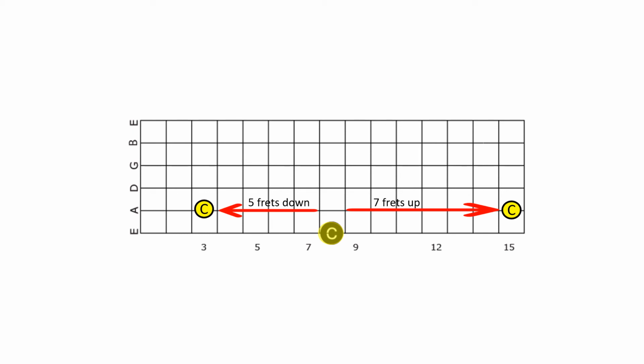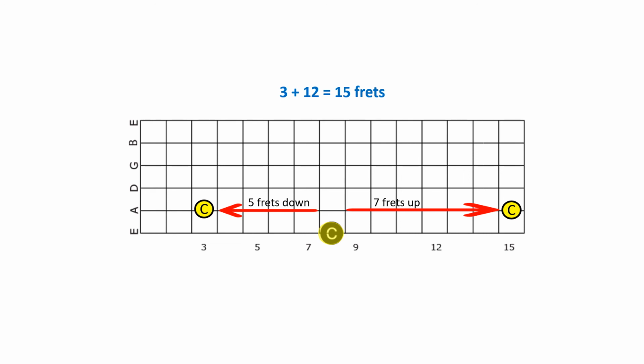C is found on the 8th fret, though if you want to find it on the 5th or A string, you can either go 5 frets down to find that C on the 3rd fret, or 7 frets up on that 5th string to find it on the 15th fret. You can also go an octave or 12 frets higher from C on the 3rd fret, which would be 3 plus 12 equals 15. This means that you can also find C on the 15th fret of the A or 5th string.